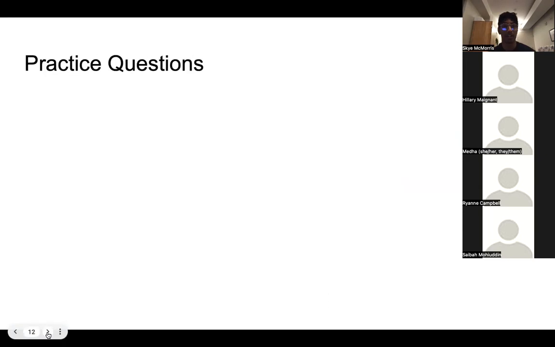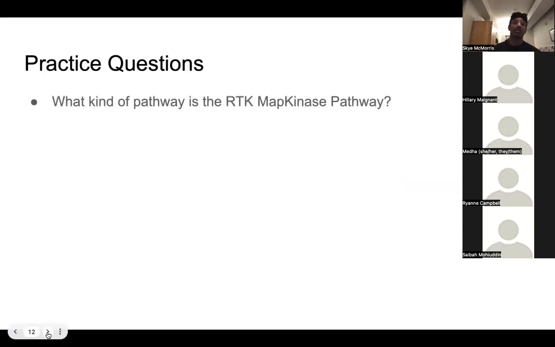Okay. Now a couple more practice questions. What kind of pathway is the RTK MAP kinase pathway? When I say this, I'm asking about proto-oncogene versus tumor suppressor. Would you say that the RTK MAP kinase pathway is a proto-oncogene or a tumor suppressor?